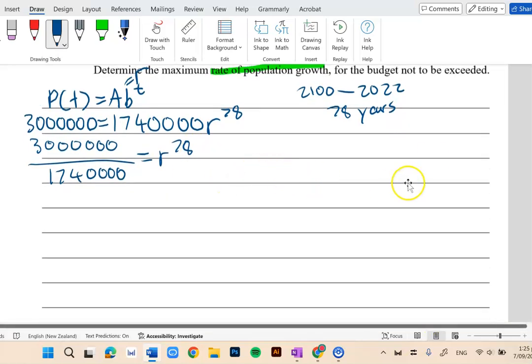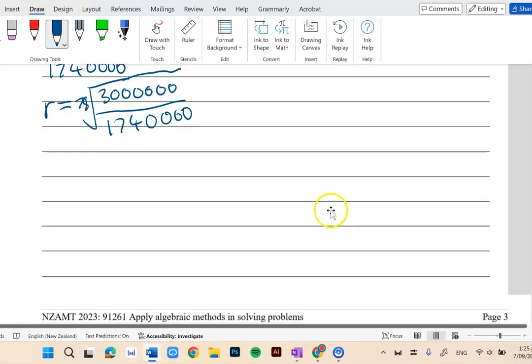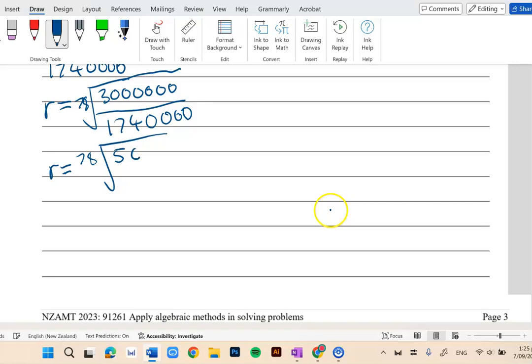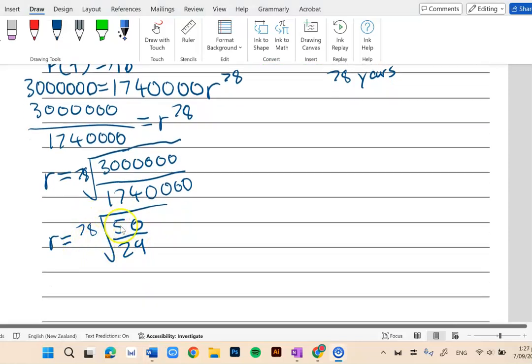So now it's literally just r equals the 78th root of 3 million over 1.7 million. Sorry, it's a bit messy. And that actually simplifies to 50 over 29. Now, that would be our final answer.